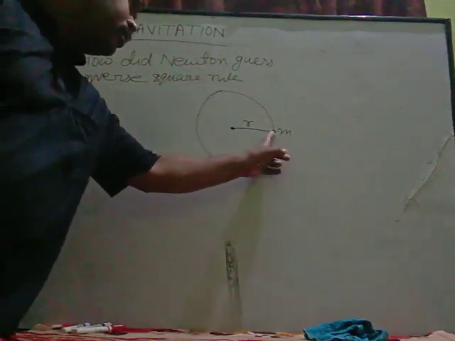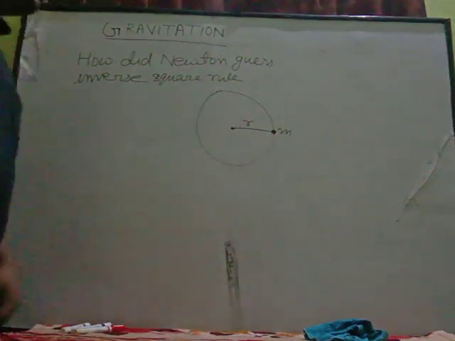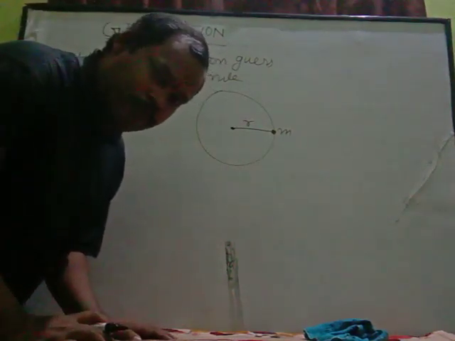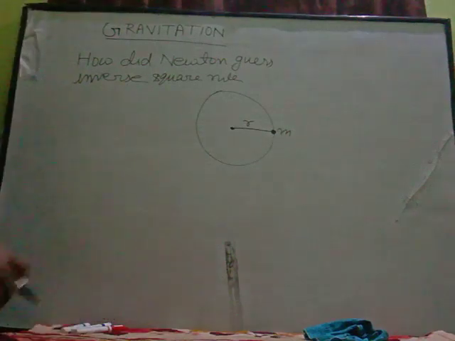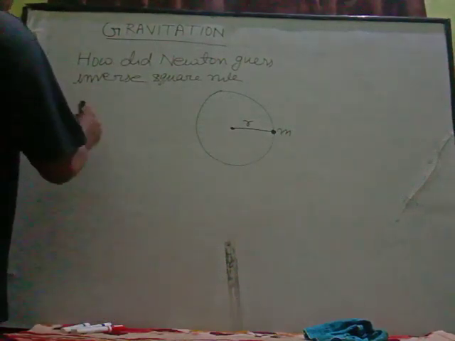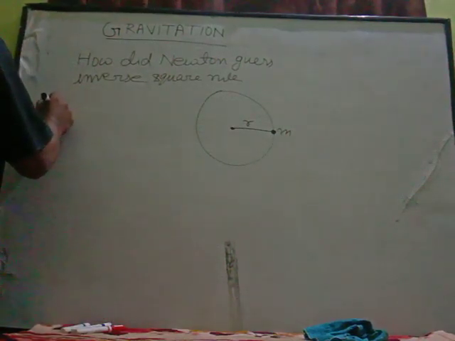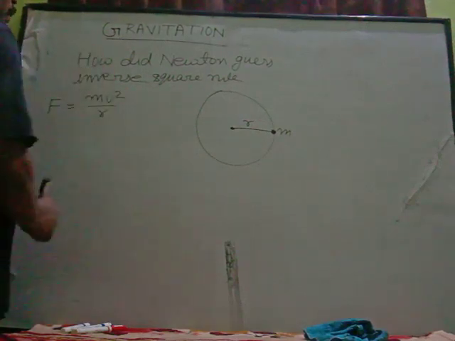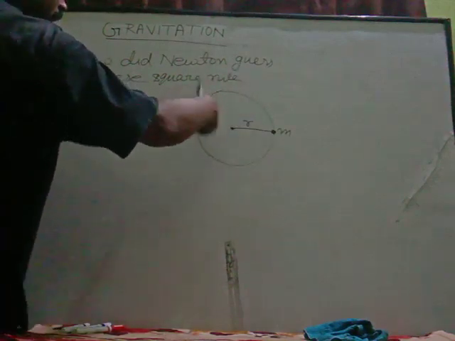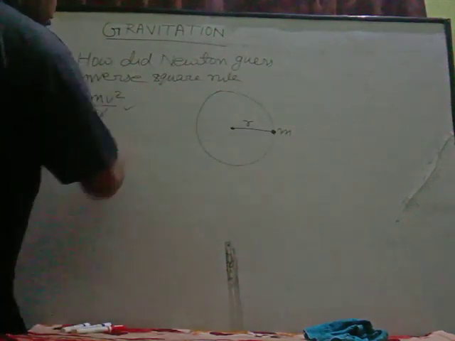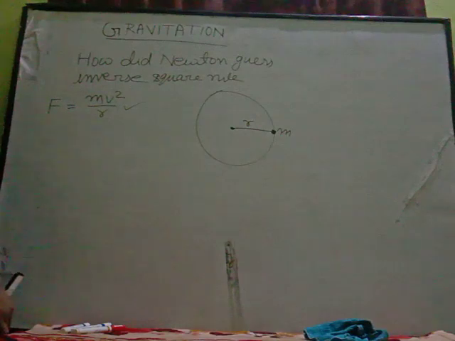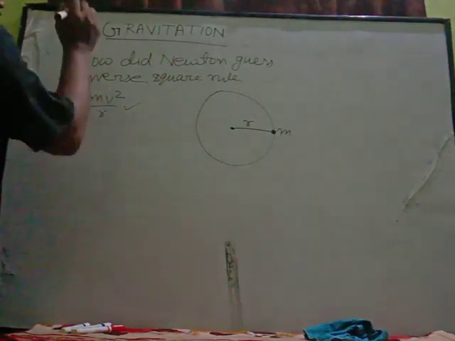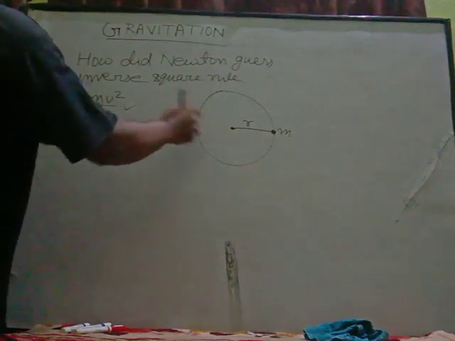Suppose the mass of the earth is small m, and here it is the sun. In Kepler's law, you all know what is the condition. So see, all of you, a special kind of force is needed to keep it moving in this circular path, and that is known as centripetal force.